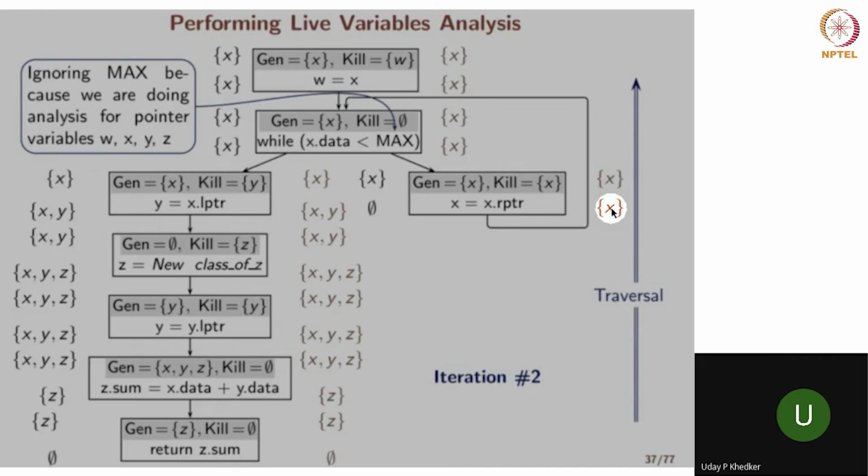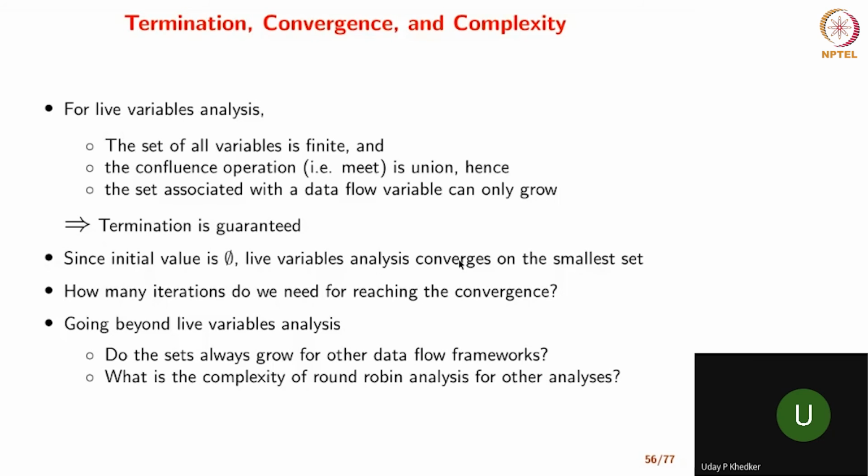Fixed point of a function f is a value X such that f of X is equal to X, meaning you apply that function and you get the same value. It's the same thing here. You have a vector of values associated with each node, and you once again compute things and there is no further change. So we have converged.